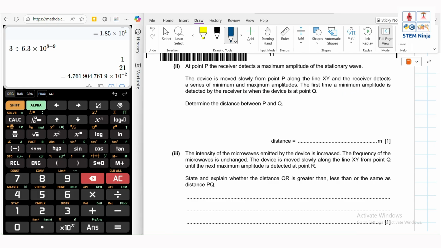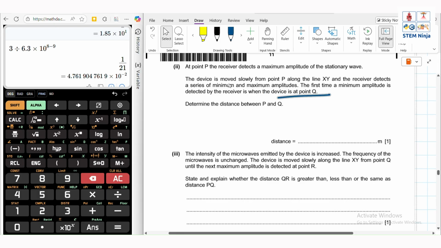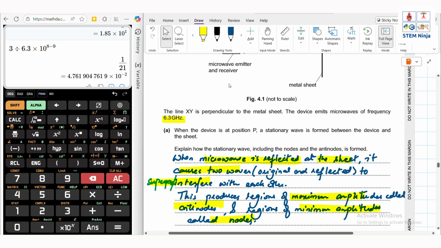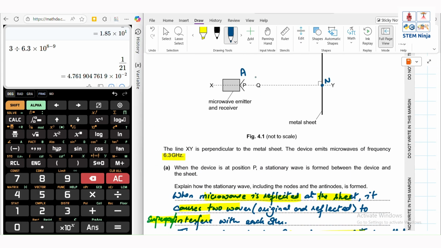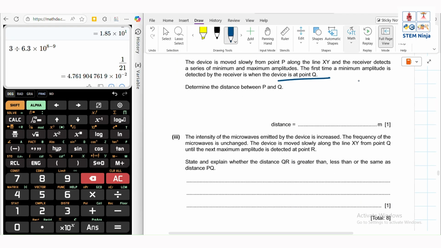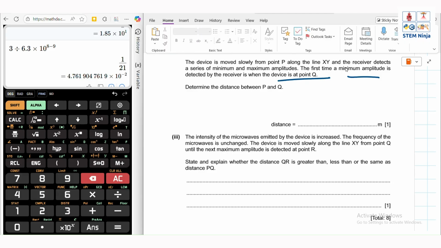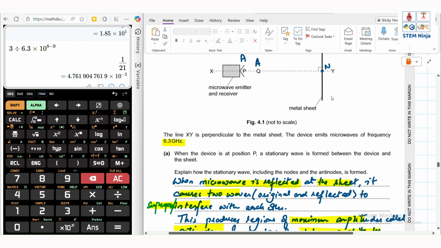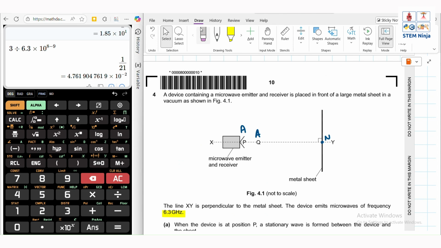First time a minimum amplitude is detected by the receiver is when the device is at point Q. Sorry, this is the minimum amplitude. So this is node.